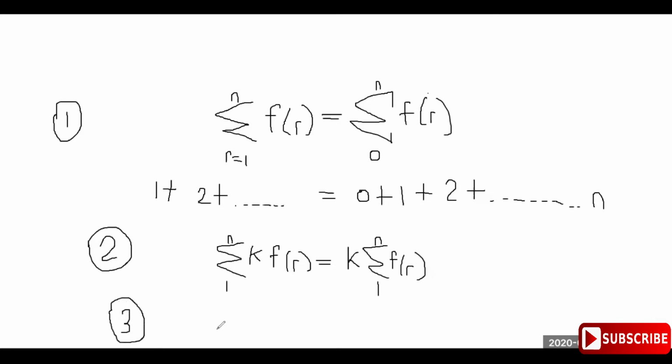If we're adding some function from 1 to n, it is the same thing as summing from 1 to b of that function of r plus summing from b plus 1 to n of that function of r, and that is going to be equal to the sum from 1 to n.